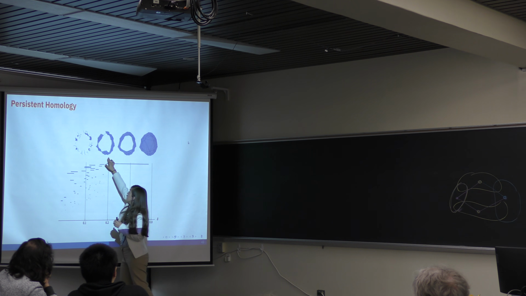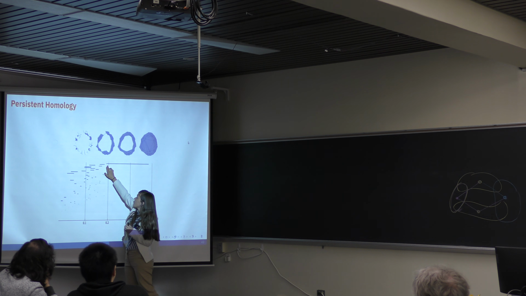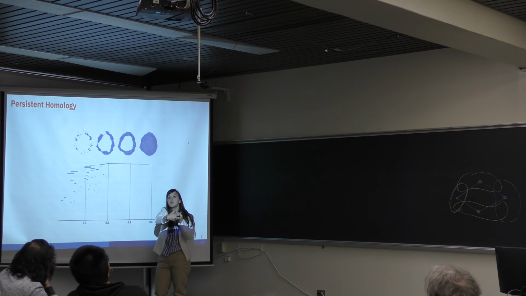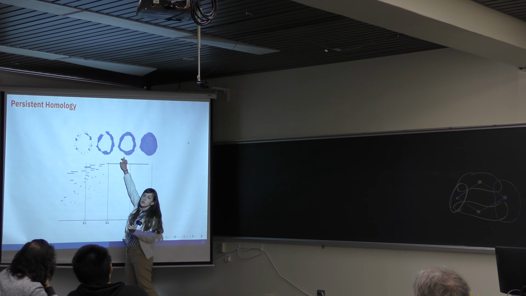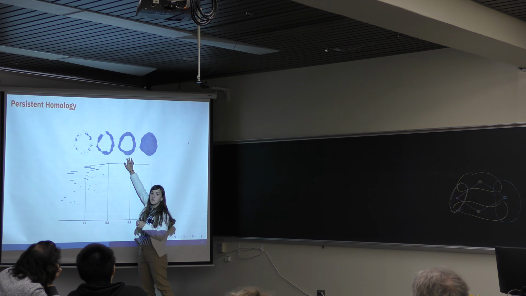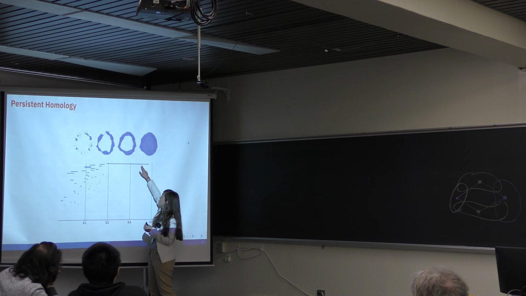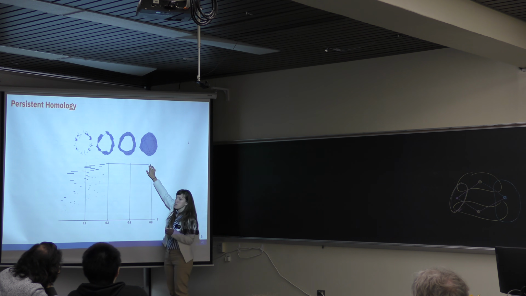For example, over here where I have this big loop, I have one long interval. The left endpoint is the time in the filtration when the loop first appears. Then we have inclusions of the space into this bigger space, and this loop is mapped into the loop at the bigger time. So this loop persists across a range of parameters.